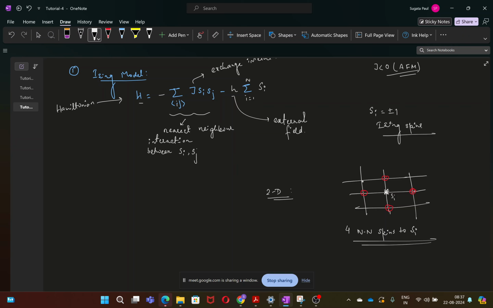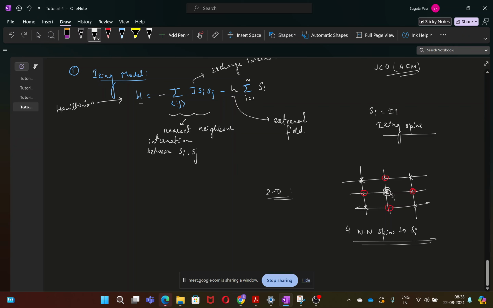Now we can also ask why these other positions are not nearest neighbors. That is very evident because you are just looking at 2D. So it is like a lattice structure. The closest to this Si are these four red colored circular spots, which are all equidistant from Si, and they are the minimum distance possible for a spin to be positioned from Si.